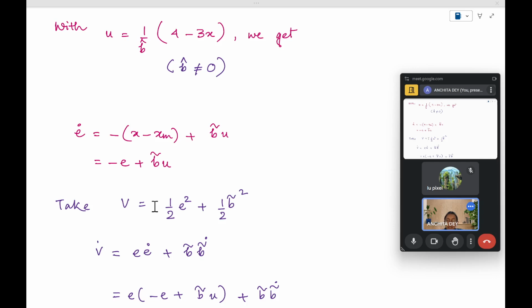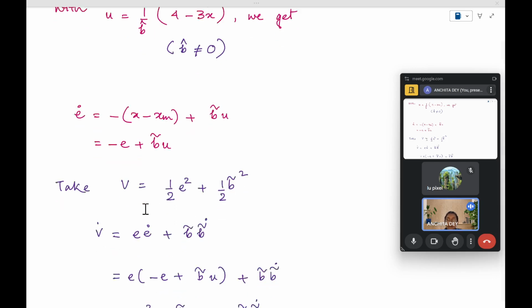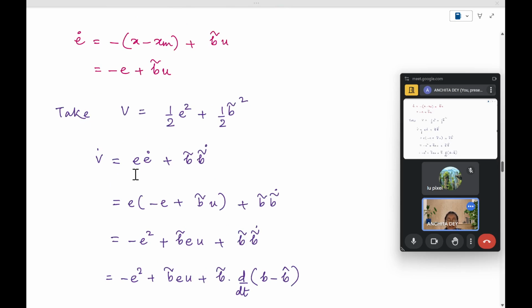So we take this V, Lyapunov function candidate, to be half E square plus half b tilde square. And then your V dot is equal to E into E dot plus b tilde into b tilde dot. Now you just replace the expression of E dot, which is minus E plus b tilde u. So you get E into minus E plus b tilde u, and then plus b tilde into b tilde dot. We still keep it in the same way, right?